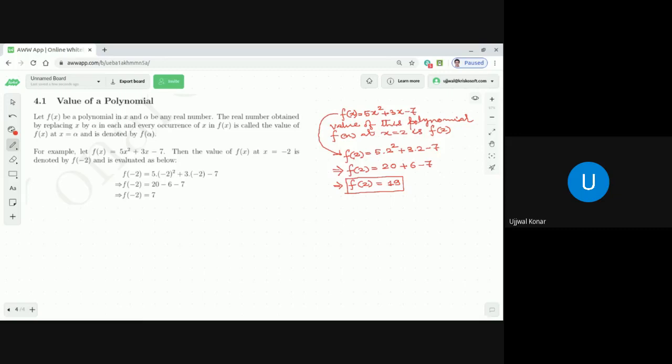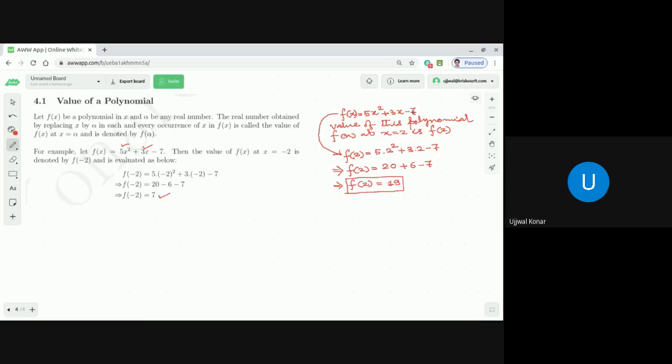For example, as you see here, f(x) equal to 5x square plus 3x minus 7, then the value of f(x) at x equal to minus 2 is obtained by applying minus 2 in each occurrence of x. So that is 5 into minus 2 whole square plus 3 into minus 2 minus 7, and finally we get the value of f(minus 2) is equal to 7.